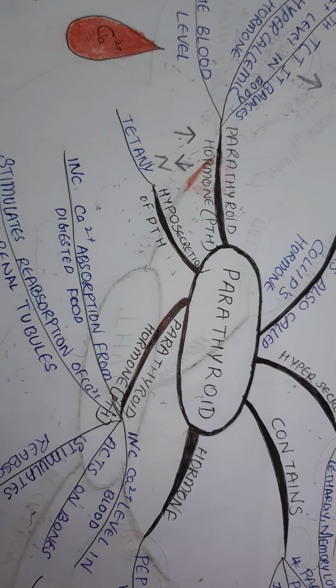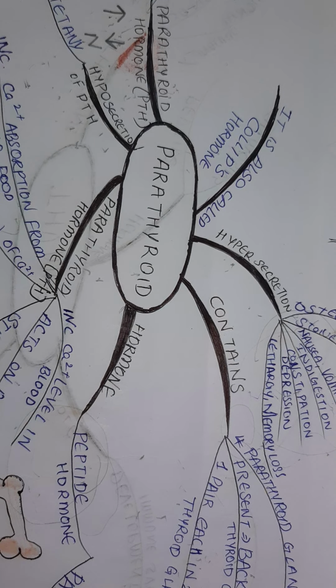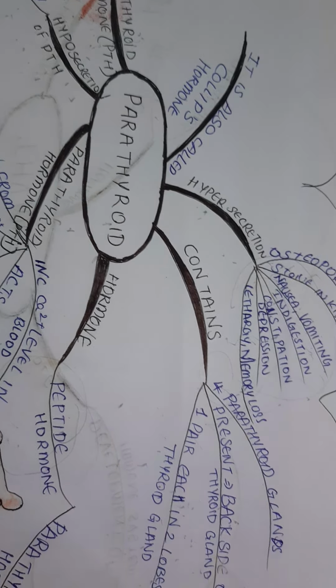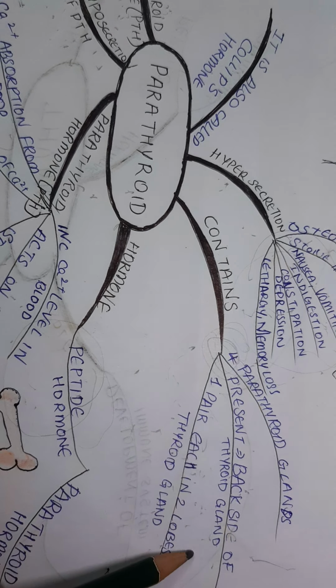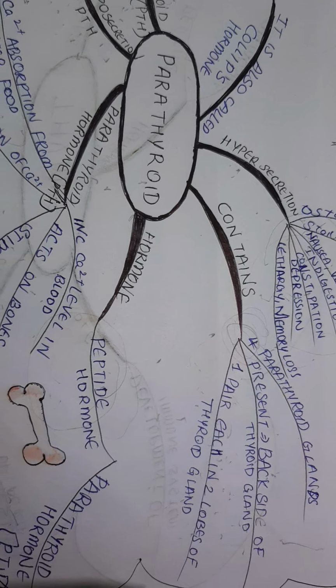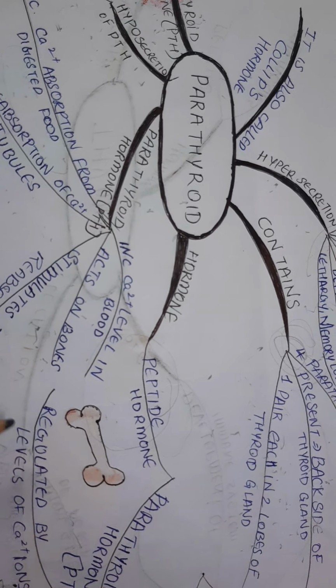Now let's revise it again quickly. First of all, we looked at the number and the location. We have 4 parathyroid glands, and what is the location? They are present at the back side of the thyroid gland, one pair each in 2 lobes of the thyroid gland. We talked about the nature of the hormone.